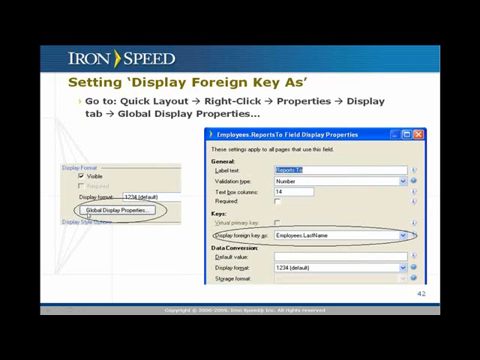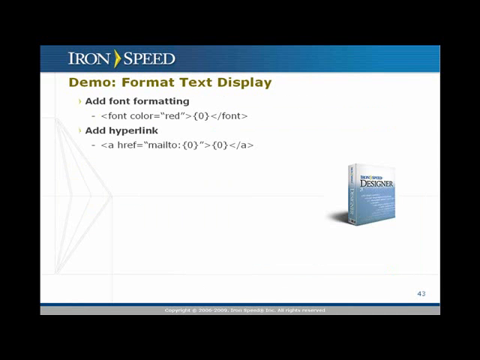So click the global display properties over here, display the global display properties dialog, and change what you want displayed. So for example, instead of the last name, display the first name. Instead of the shipper name, you might display the shipper address or something like that, kind of whatever you'd like to display. So let me show you a quick example of this, and then we can go back and take some more questions here.